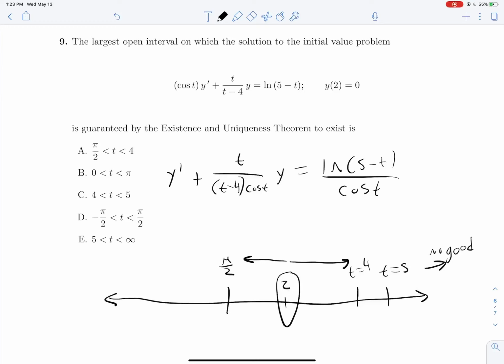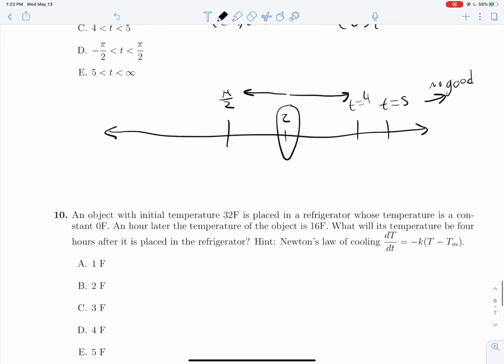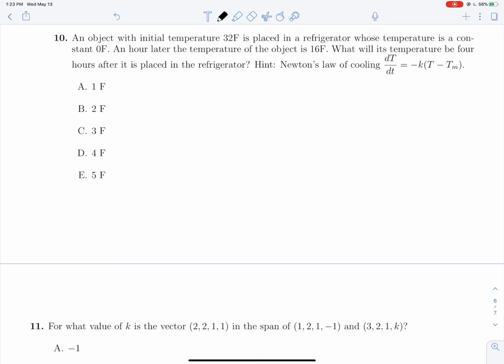So that interval there will be the interval on which a solution is guaranteed to exist. And that is just between pi over 2 and 4, so 9 is A. And the answer key agrees with that.